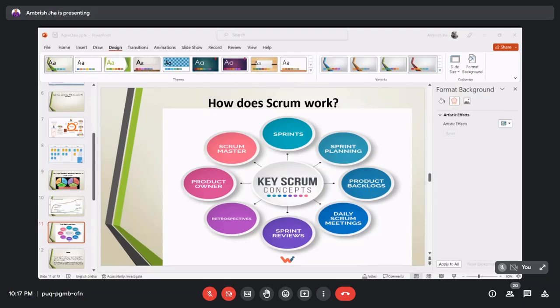Then we have talked about the product owner and scrum master. The product owner and scrum master are the people who bring tasks for you and who monitor what you are doing in a sprint.